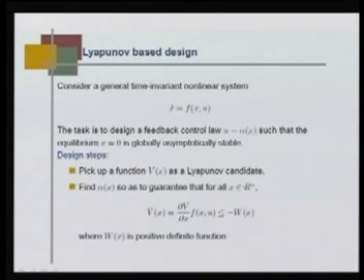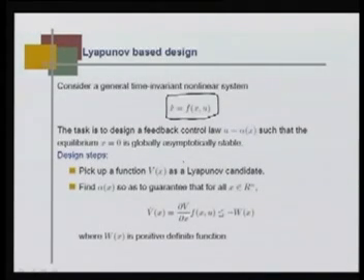Now, in a Lyapunov based design, I am given a nonlinear vector system, x dot is f x u, where x is a vector, f is a vector, and u is also a vector. The task is to design a feedback control law u equal to alpha x, such that the equilibrium point x equal to 0 is globally asymptotically stable.